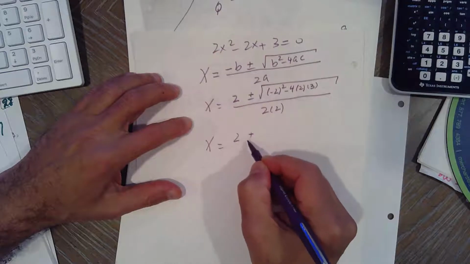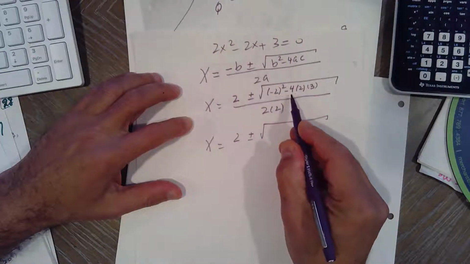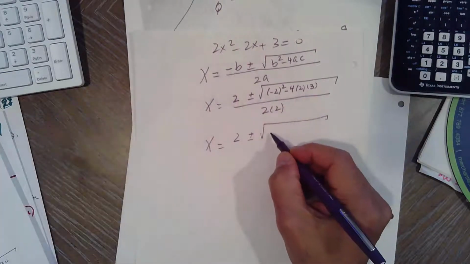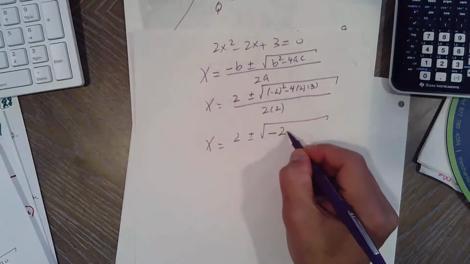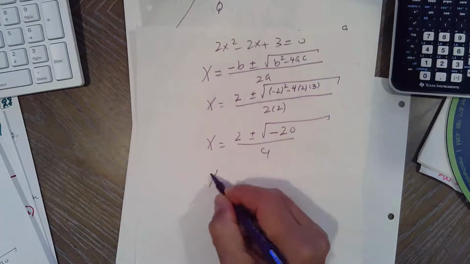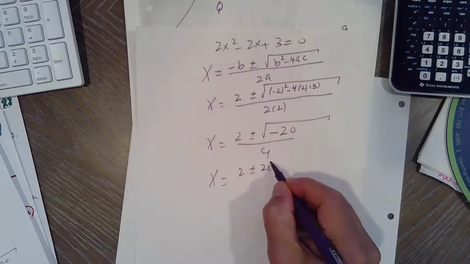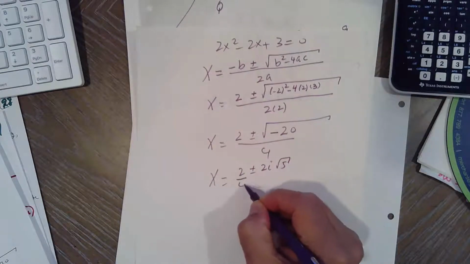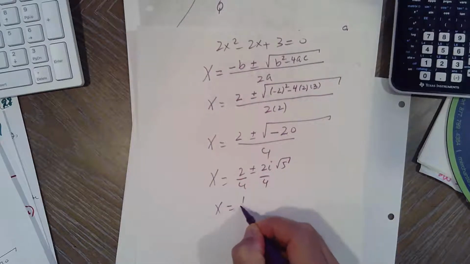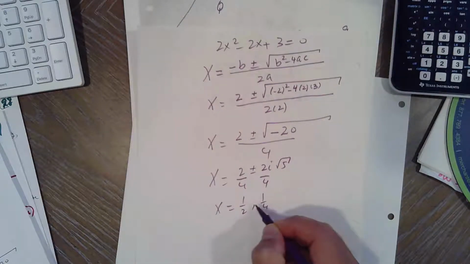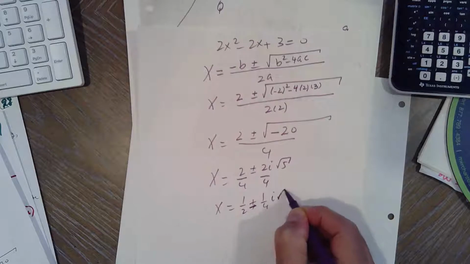So 2 plus or minus, that's 4 minus 24, which is negative 20. So you can see that these zeros are imaginary. That's i root 20. So it's 2i root 5 over 4. So the two other zeros are imaginary, plus or minus i root 5 over 2.